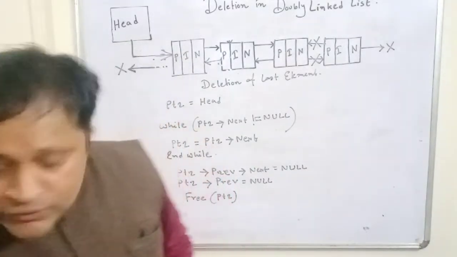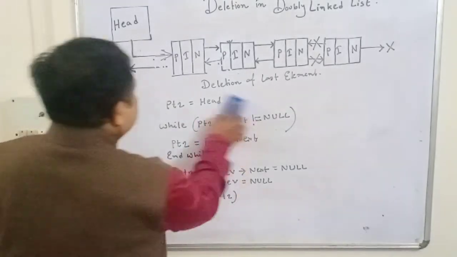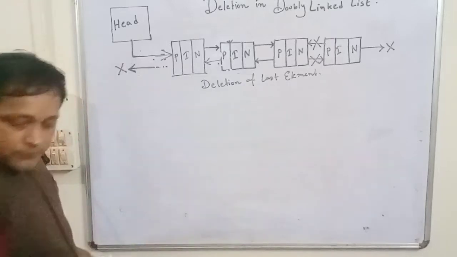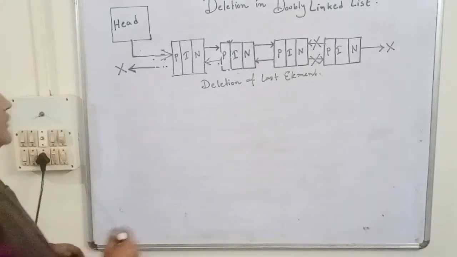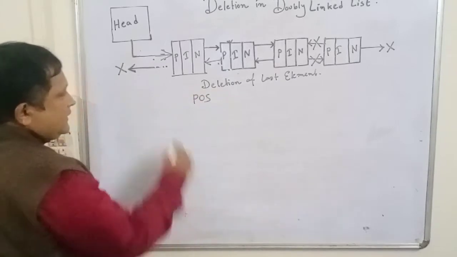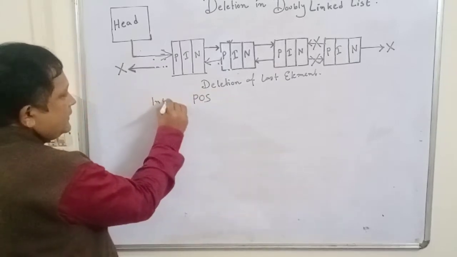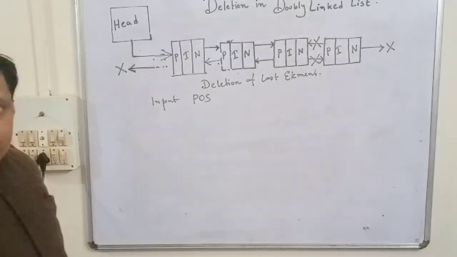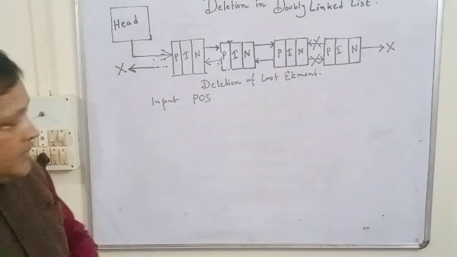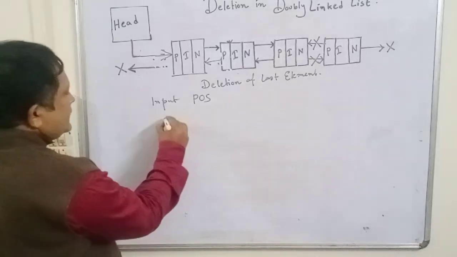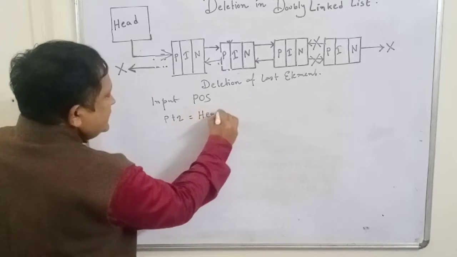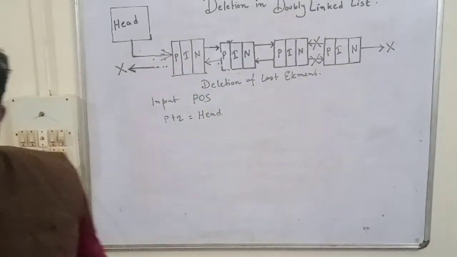Now, how to delete an element from a specified location of the linked list? Suppose the specified location or position we can denote as pos, to be entered by the user. Okay, input pos. The position will be inputted, from which position it has to be deleted. Now, PTR again will be assigned by head.